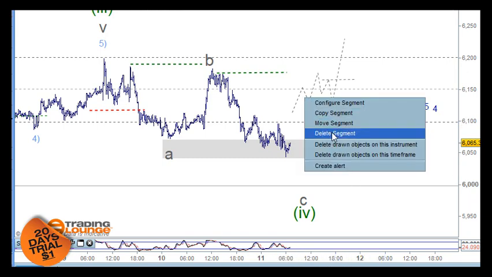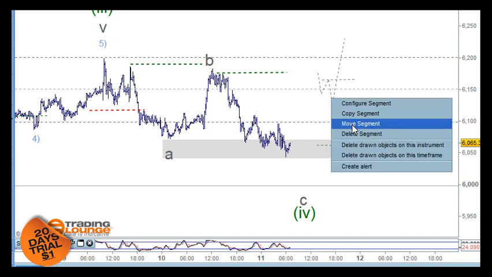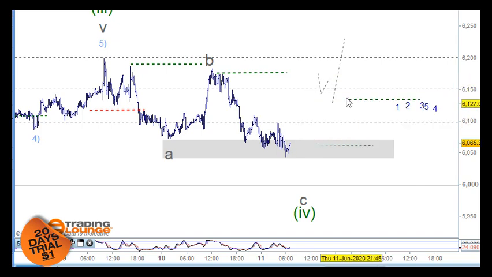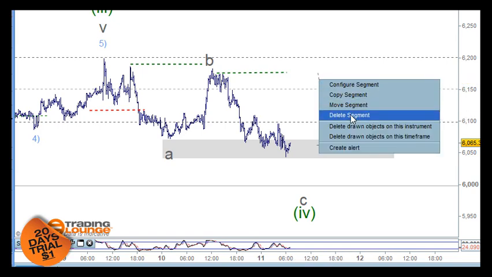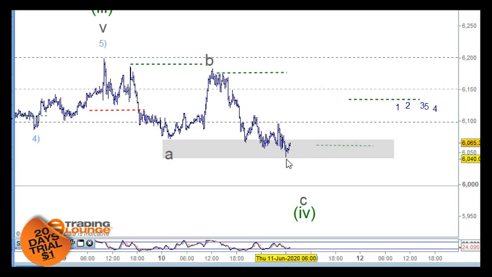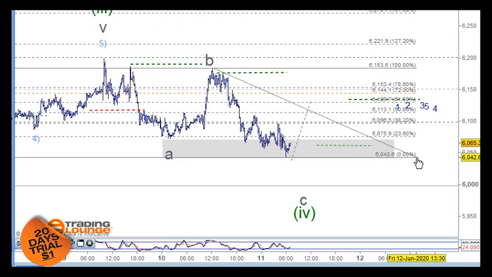So I'm just going to clean this up here, and I will go to the tick chart here as well. I'm just thinking out loud about why I'm doing this. If we were going to move down further, I think that we've got 5 waves in here. I'm quite sure we have, and we'll basically push up from here. But I just want to find out that if we do go down further, where would that be from?